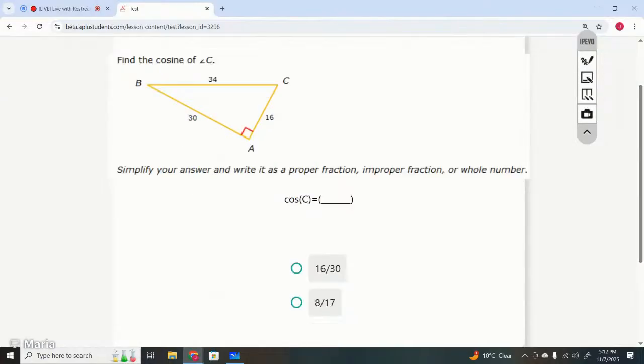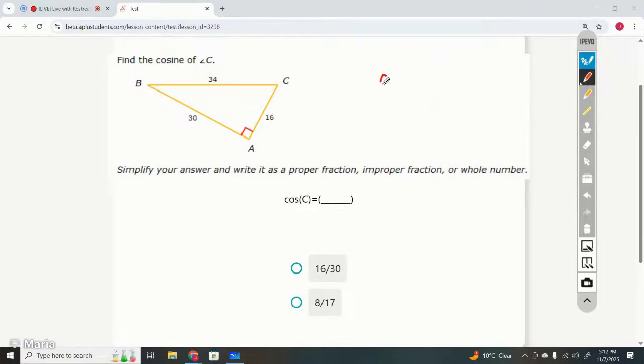Find the cos of angle C. So cos of angle C is adjacent divided by hypotenuse, right?